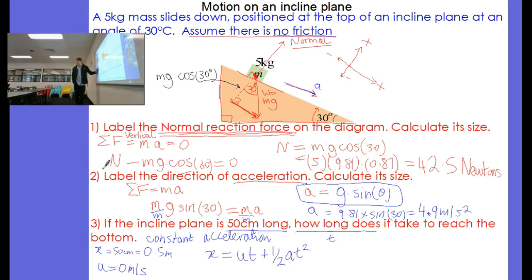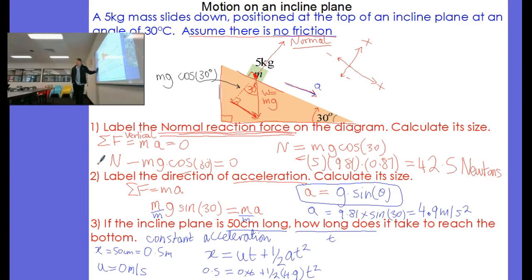So let's substitute the quantities we know. x is 0.5. u is 0. So we've got 0 multiplied by time plus a half of the acceleration. Acceleration is 4.9 times t squared. Time is the goal.